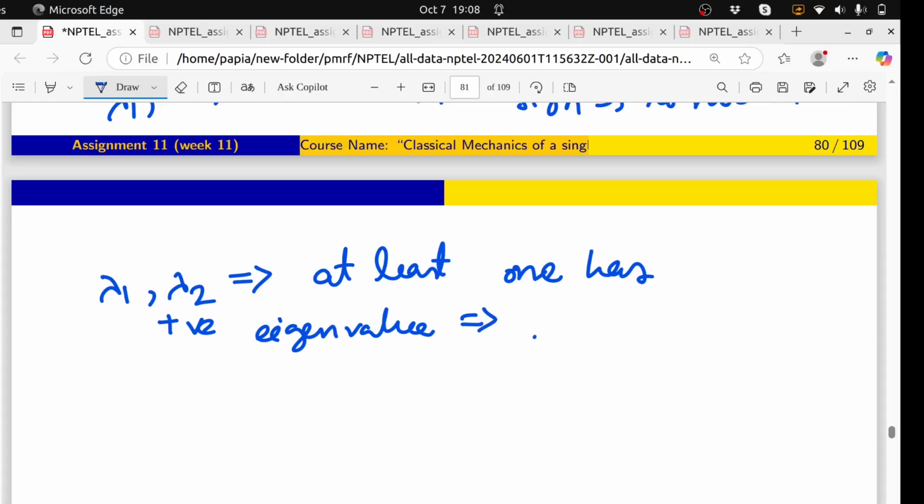So that means it is saying that it is an unstable fixed point.